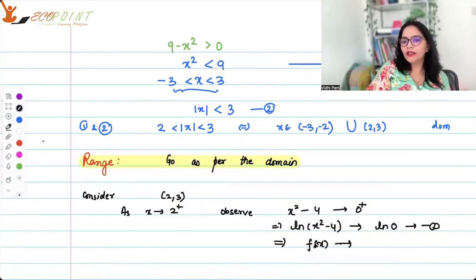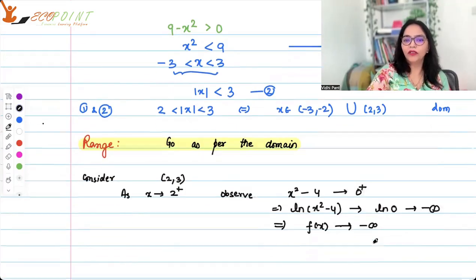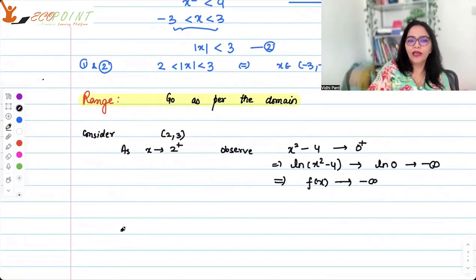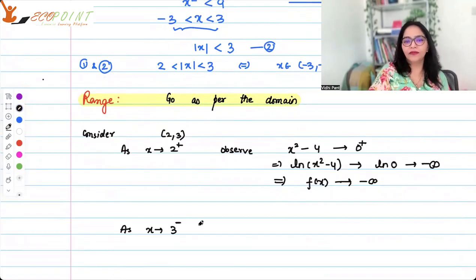So you can say that the entire function is moving towards minus infinity. On the other hand, x will be tending towards 3 from the negative side, a little lesser than 3.